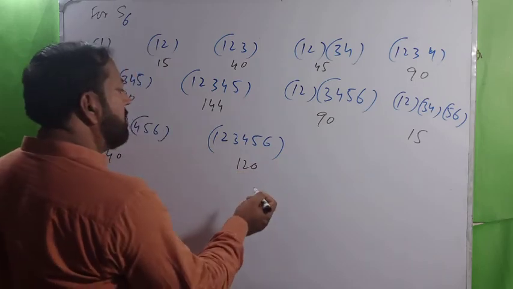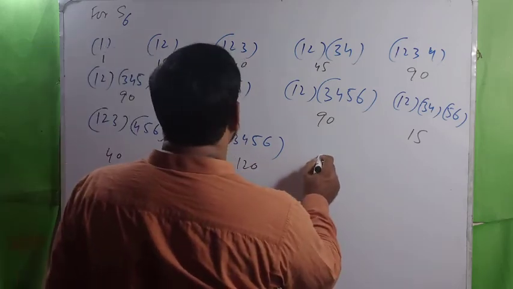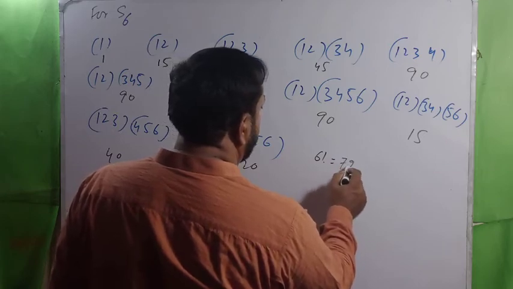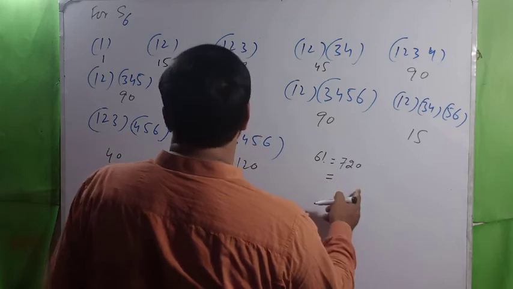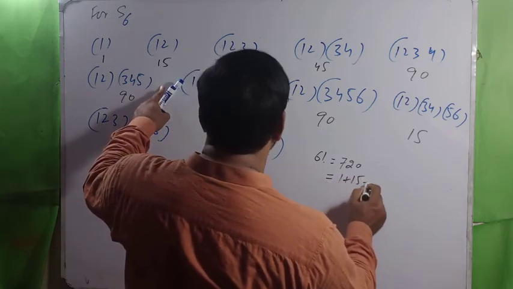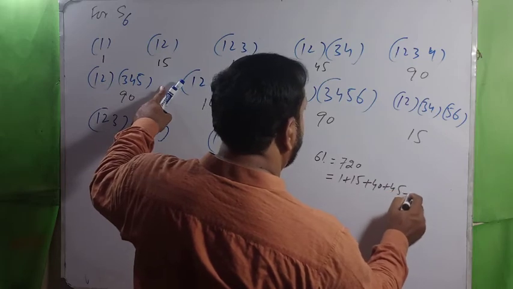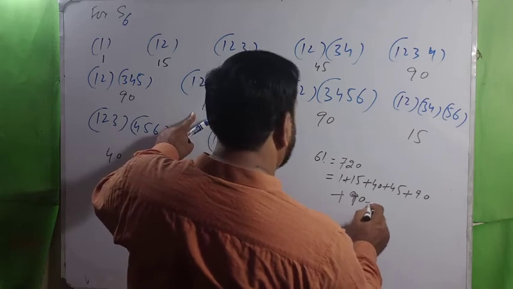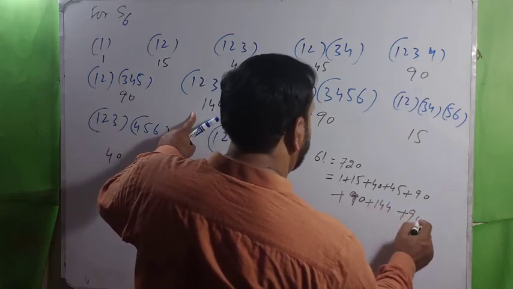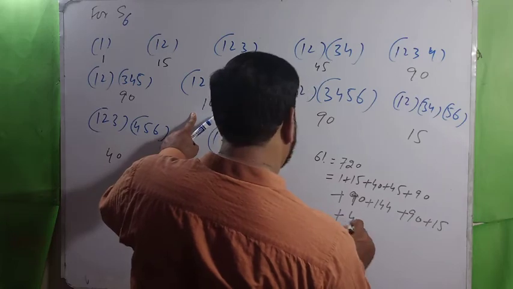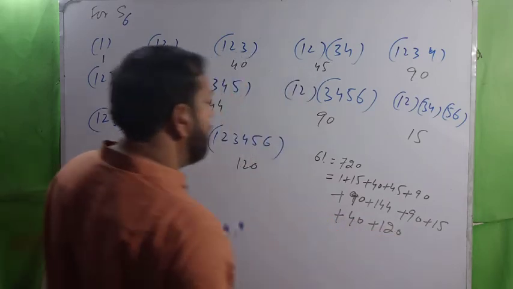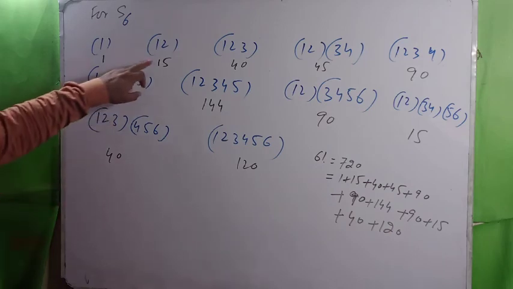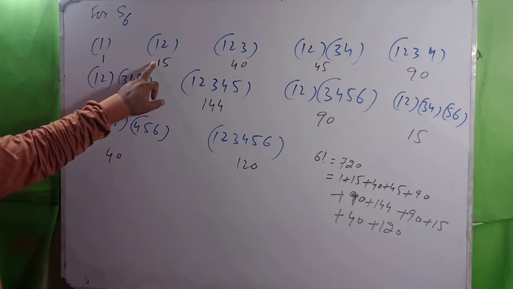So the class equation is, you can write the class equation: 6 factorial, which is equal to 720, which is equal to 1 plus 15 plus 40 plus 45 plus 90 plus 90 plus 144 plus 90 plus 15 plus 40 plus 120. Okay, let me verify. Corresponding to the transposition, you have 15. Then you have 40.